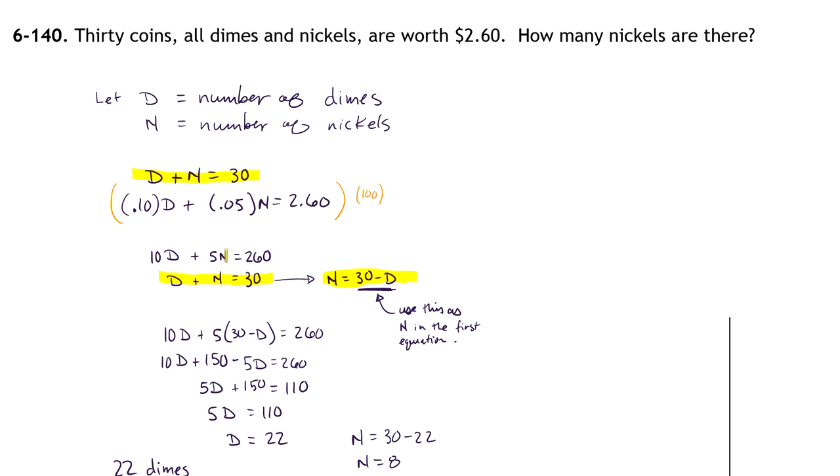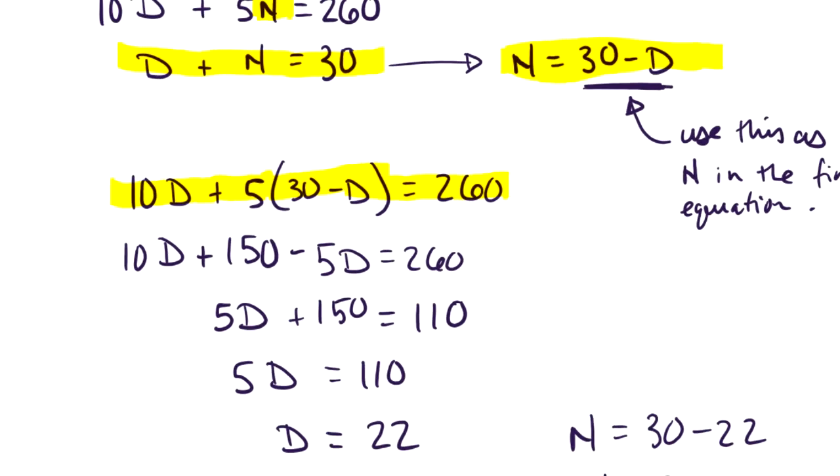And you can see I set out then to replace N in the equation below. So I've got my 10D plus 5, and then in parentheses, I'm putting a value of N. N is 30 minus D, and that equals 260 pennies, right?